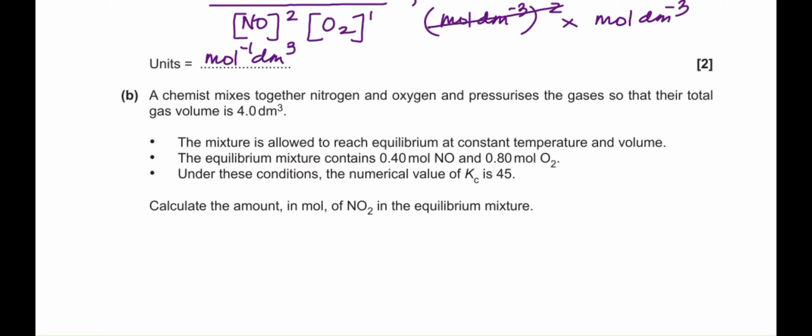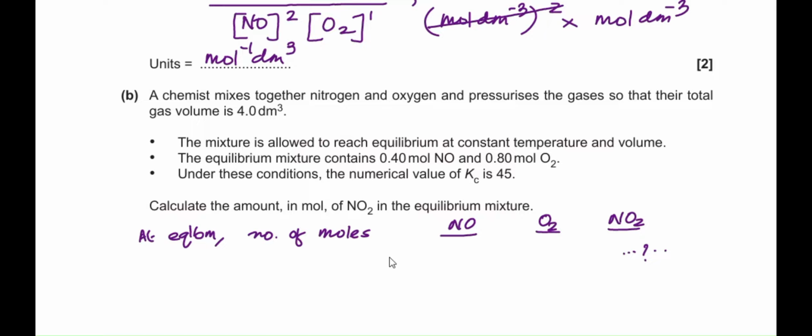The question provides us with the number of moles of NO and oxygen at equilibrium, and that's what matters in these calculations. So let's write at equilibrium number of moles. Okay, first let's write nitrogen oxide, O2 and NO2, which we need to calculate now.